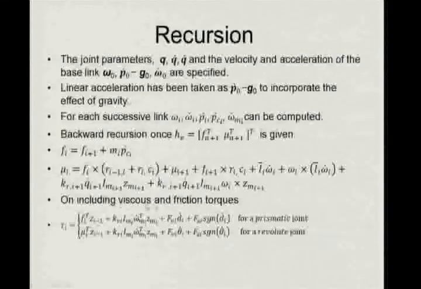And then when you include viscous and friction torques, you can show that the final expression comes down to a term which is compact like this, defined in terms of Fi and mu I. Fi is here, mu I is here. So you can, depending on whether it's a prismatic joint or a revolute joint, you just get corresponding terms. So each of these are vector cross products or dot products or scalar products. So you can write it in MATLAB, you can write it in your programming language of preference. It's no big deal, you can patch it together.